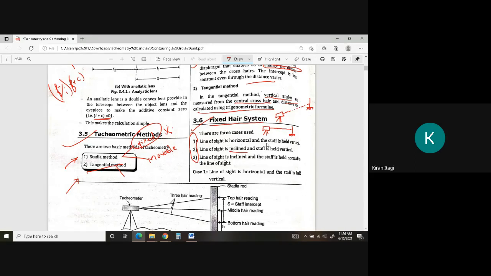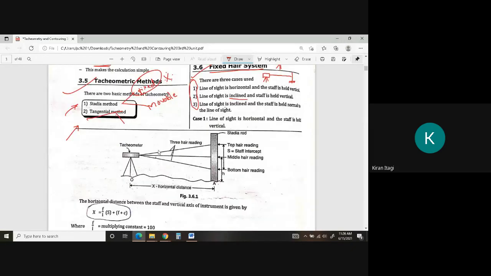In the third case, the line of sight is inclined and the staff is held normal to the line of sight. Say this is a mountain, the staff will be kept like this, normal to the line of sight.